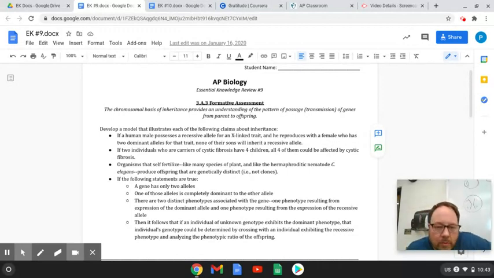The third bullet: organisms that self-fertilize, like many species of plant and like the hermaphroditic nematode, a flatworm, C. elegans, produce offspring that are genetically distinct, not clones. If an organism is hermaphroditic, that means it has both male and female reproductive systems, so it can produce its own eggs and its own sperm. Egg and sperm will each undergo meiosis, and because they're each undergoing meiosis, you're going to get independent assortment, the law of segregation, all that stuff from Mendel.